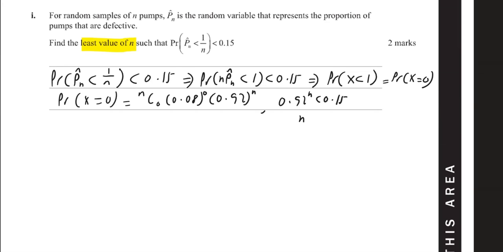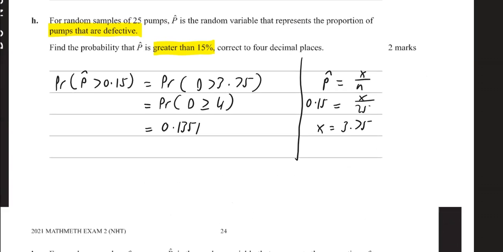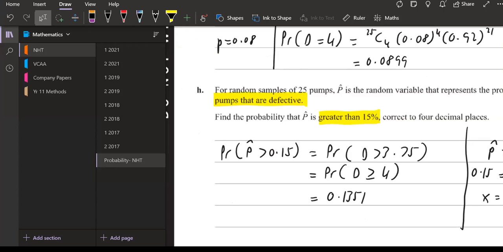And we get n is greater than 22.75. And we want the least value of n as a whole number as well. So n equals 23. That's all of the probability. Thank you.